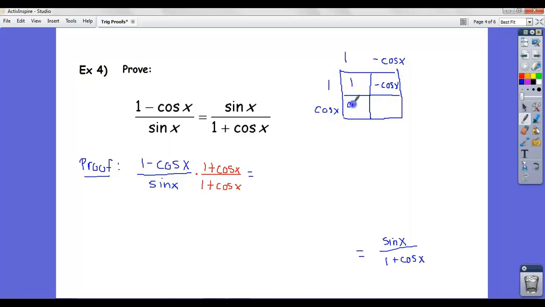Cosine times 1 is cosine, and it's negative cosine squared, right? Cosine times cosine. And when you add these all up, notice those cancel each other out. You get 1 minus cosine squared. It's a difference of squares. So the numerator is 1 minus cosine squared.